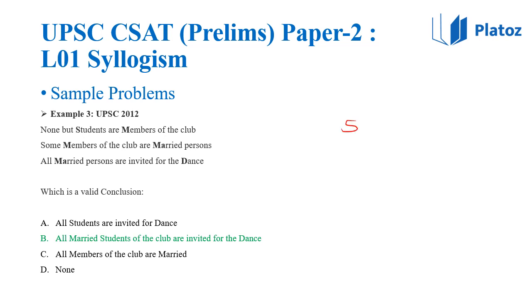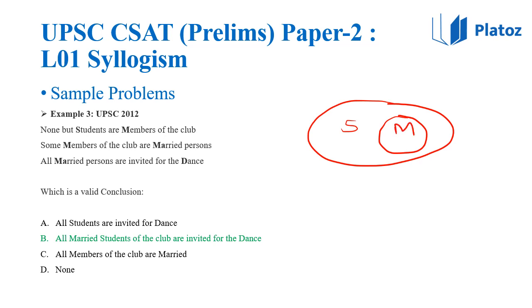So we draw students first, and here we have members of the club. What is the second statement? Some members of the club are married persons. Okay, let's draw that now. Some members of the club are married persons.